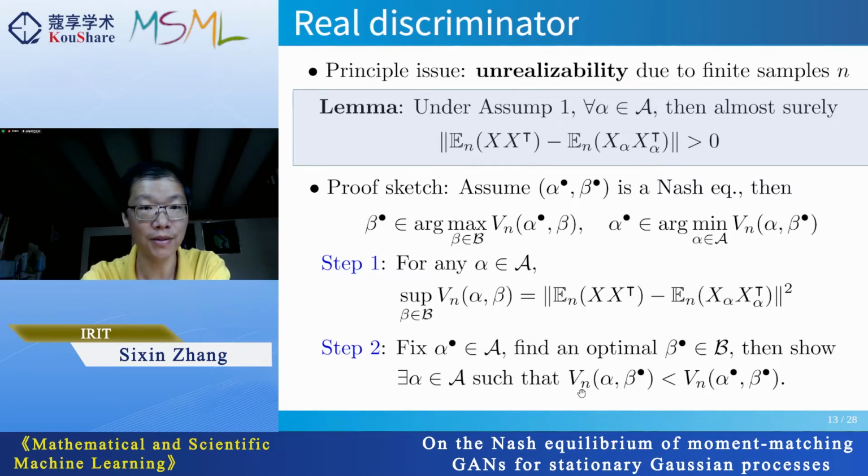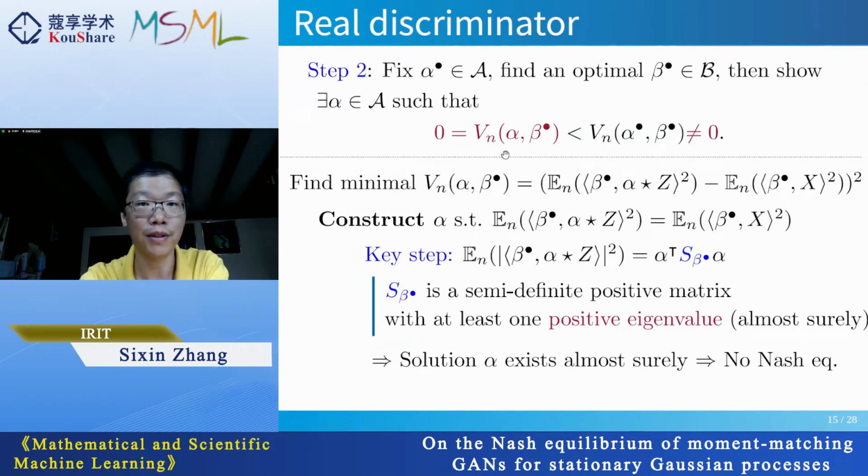So the key idea is to construct an alpha such that, for any beta dot, Vn equals 0, but the maximum solution, the Nash equilibrium solution, is non-zero because the covariance matrix cannot be matched. I will skip the rest because this essentially solves a quadratic problem by looking at some eigenvalue of some symmetric matrix.